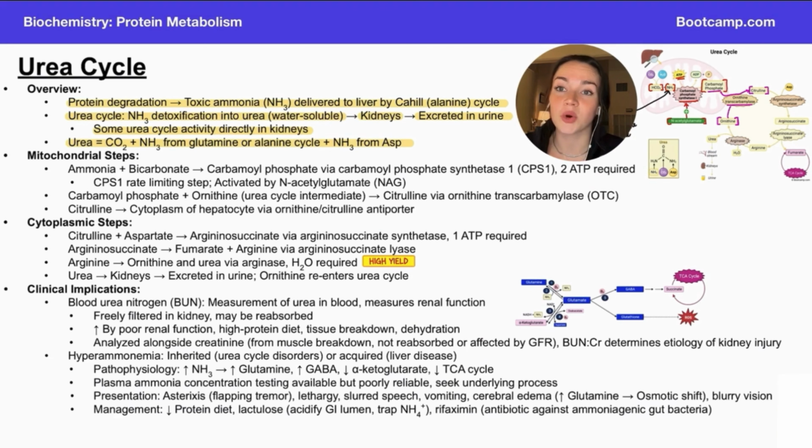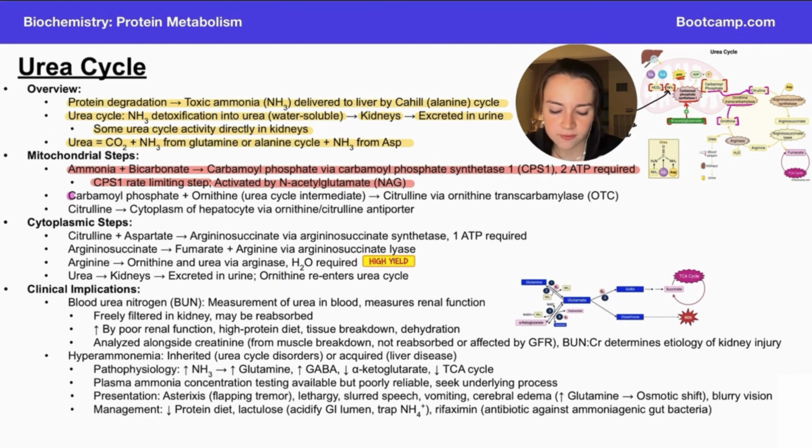All right, so let's take inventory of those mitochondrial steps before we move on. Remember, first we combined ammonia and bicarb to form carbamoyl phosphate. And the enzyme that did that was CPS1. This was an ATP requiring step, and it was also the rate limiting step. Since it's rate limiting, that means that we can use it as a regulatory step. In this case, the regulation is activation by N-acetylglutamate, or NAG.